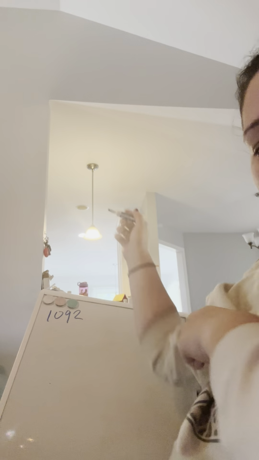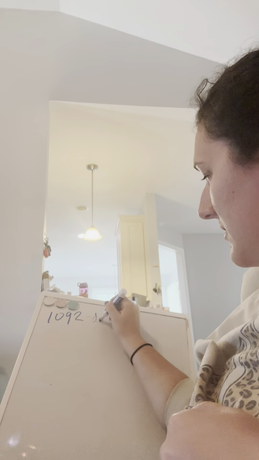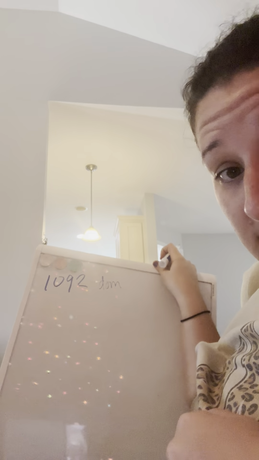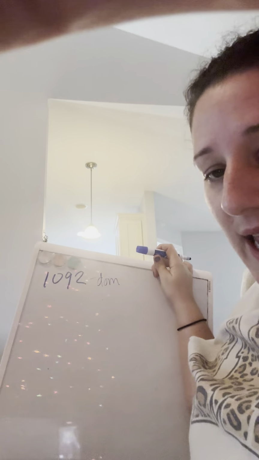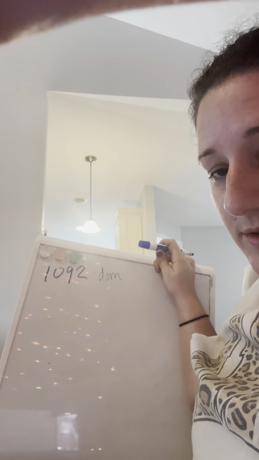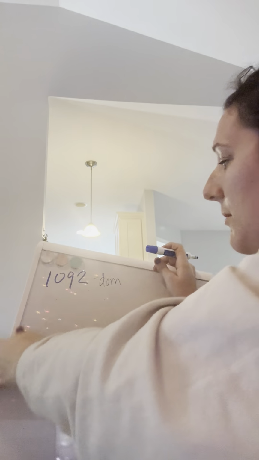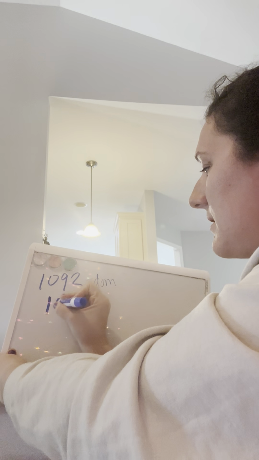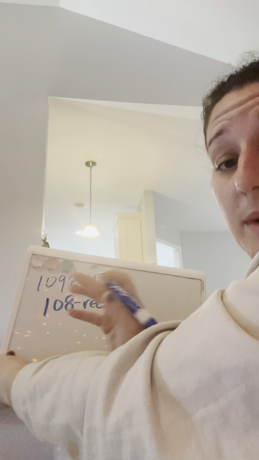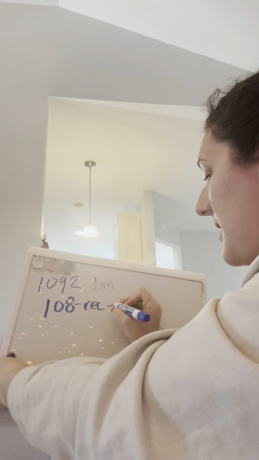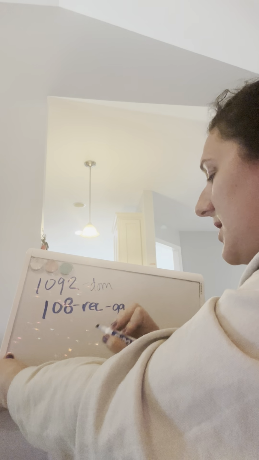So 1,092 dominant, but that's all it tells us, is that it's green. So we don't know if that's homozygous dominant or heterozygous. And 108 individuals with blue scales. So 108 is recessive. So we know that the 108 is going to be little g, little g.